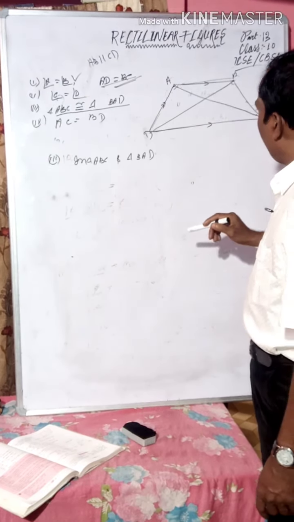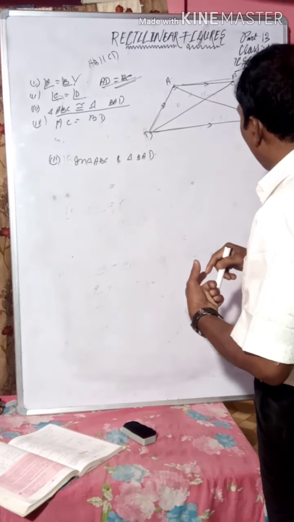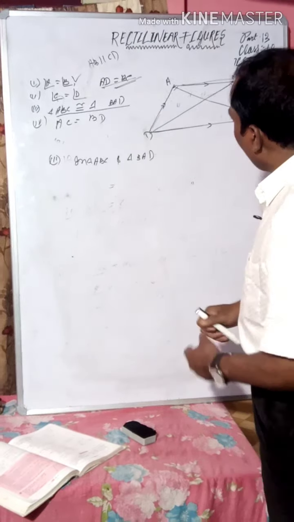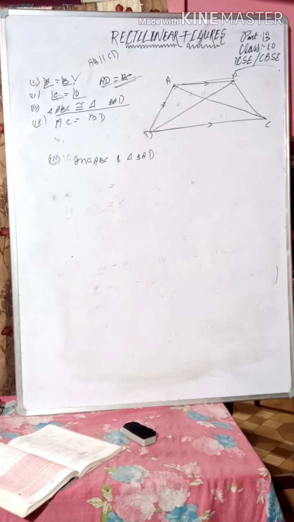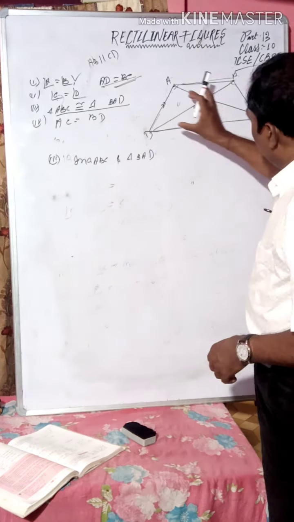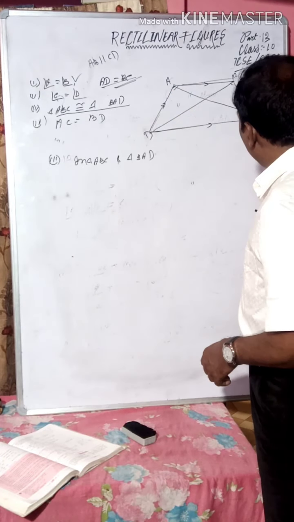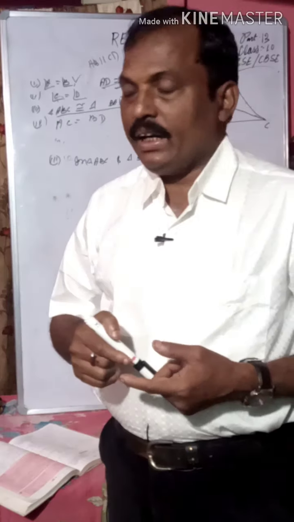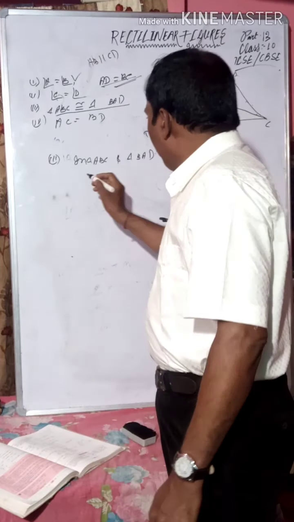AB is common. Another third thing. What is the third thing? That is equal. So third thing, this side is equal to this side because non-parallel sides are equal.